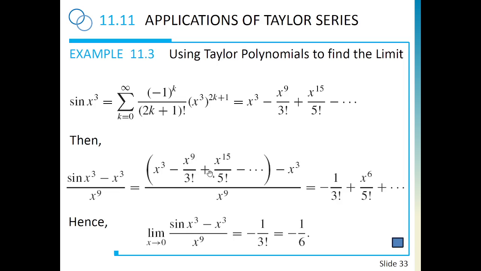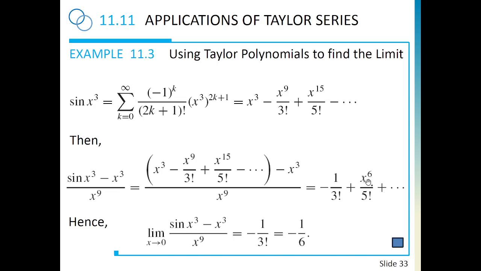over 3 factorial plus x to the power 15 over 5 factorial, etc. And then we divide by x to the 9. Obviously, you see x to the 9, x to the 9. So everything is set up in a way that things work smoothly. So we have simplification here. Our complicated expression is equal to another series. Now if I take the limit when x goes to 0, I take the limit of the series also.